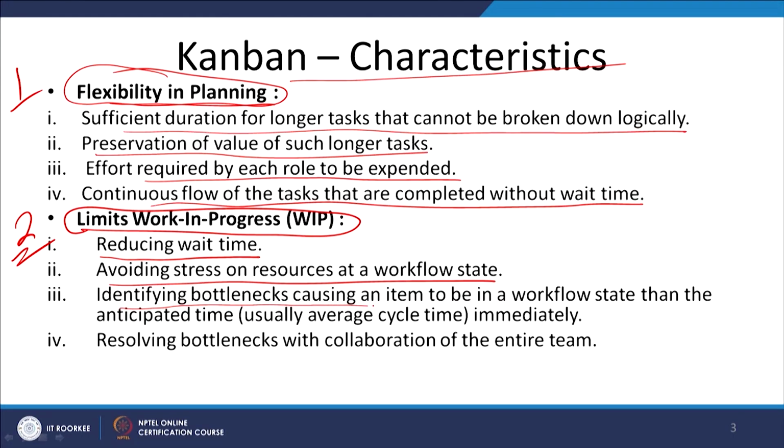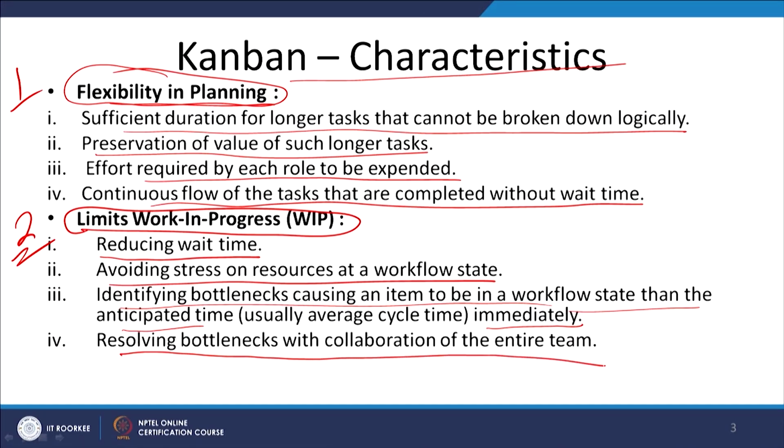Identifying bottlenecks causing an item to be in a workflow state longer than the anticipated time, immediately. This will help you, the limited workflow, in actually predicting when the output will be ready.